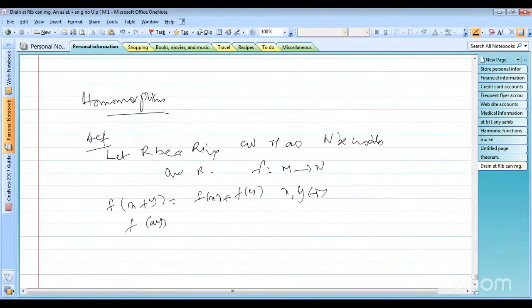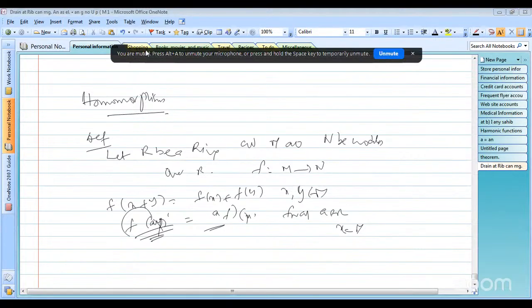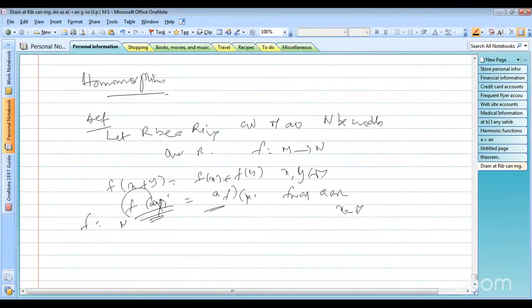And f of ax is equal to a times f of x, for all a belonging to R and x belonging to M. So therefore f from M to N is a homomorphism on R modules.